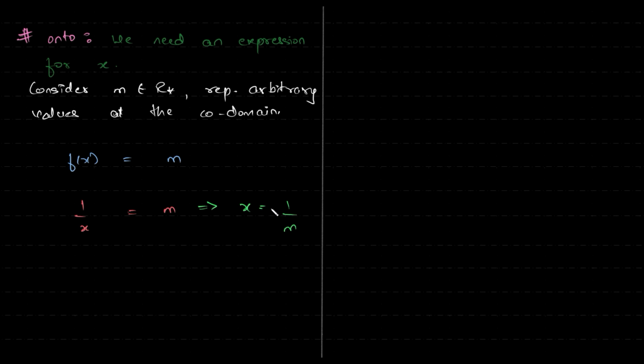What does it mean? x is equal to 1 by m represents an equation which is giving us the expression for all the possible values of x. As m belongs to R star, that is non-zero real numbers, x also belongs to R star.